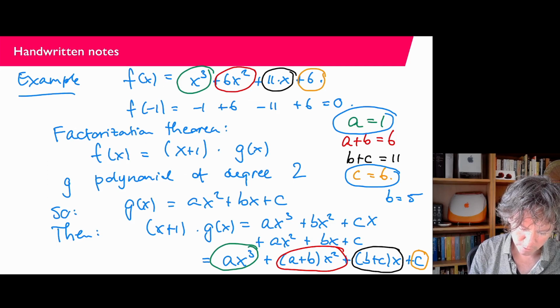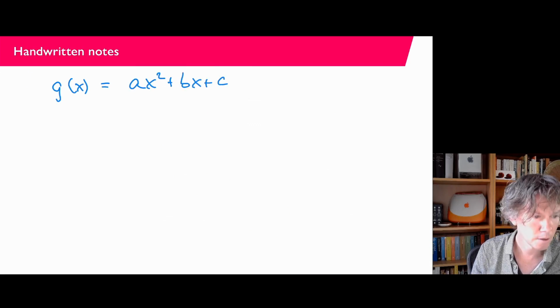So what we find is that g of x is ax squared plus bx plus c. a we just found to be 1, so x squared, plus b we found to be 5, so 5 times x, plus c, and c equals 6.